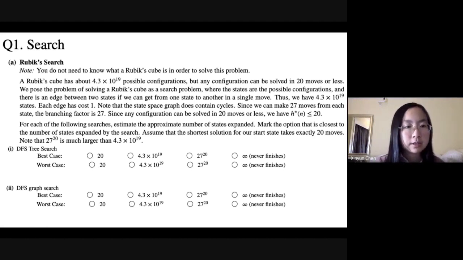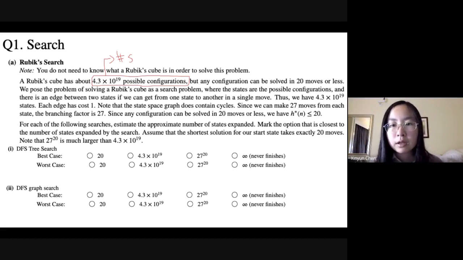The first sentence says that a Rubik's cube has about 4.3 times 10 to the power of 19 possible configurations. So effectively, this number is the number of possible states for a search problem. Then the second sentence says that any configuration can be solved in 20 moves or less.